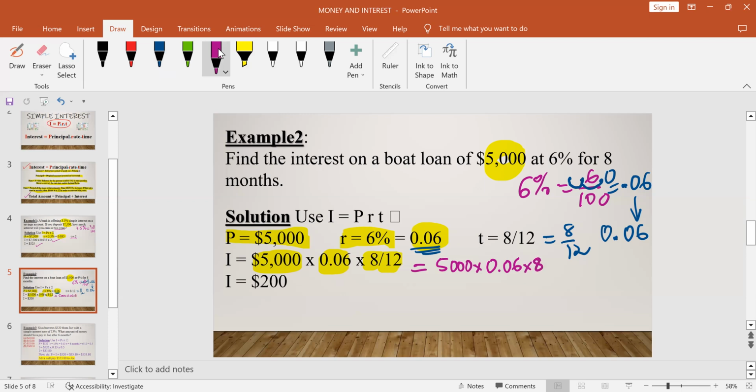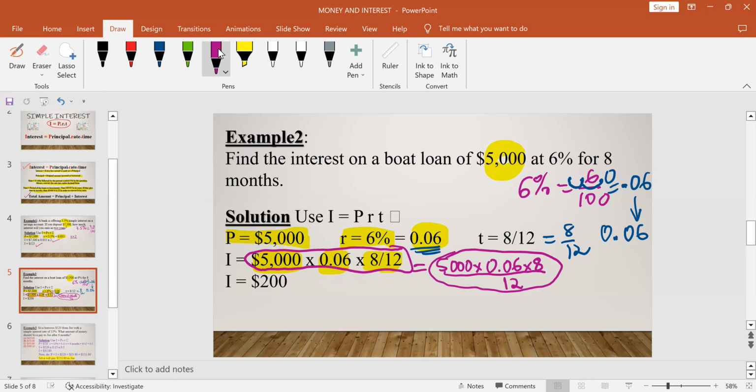And when you get the result, you divide everything by 12. This notation here is the same as what we have here. It's a multiplication that works.